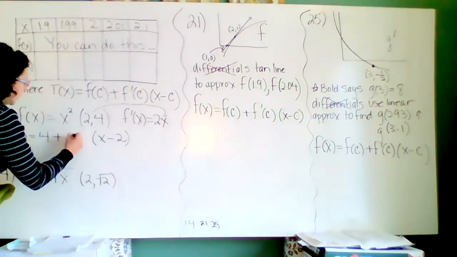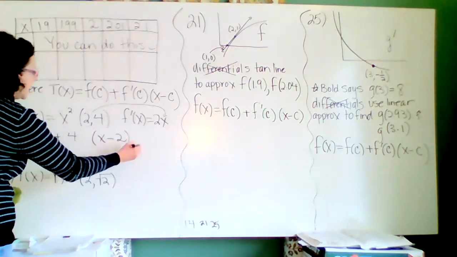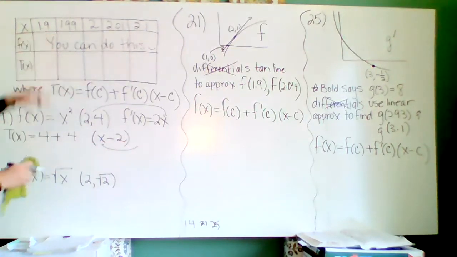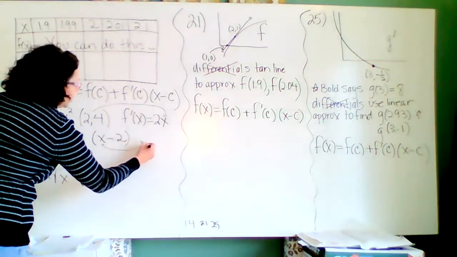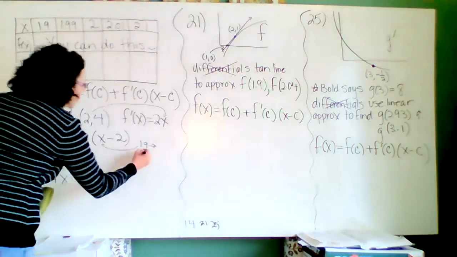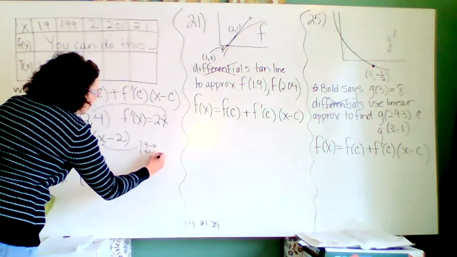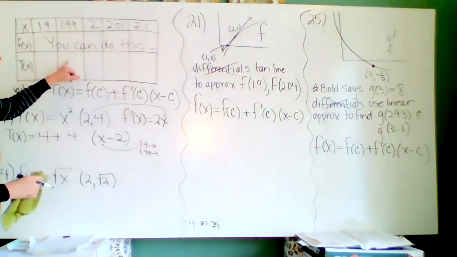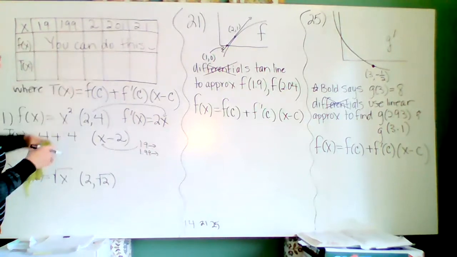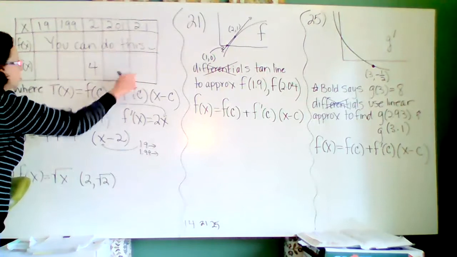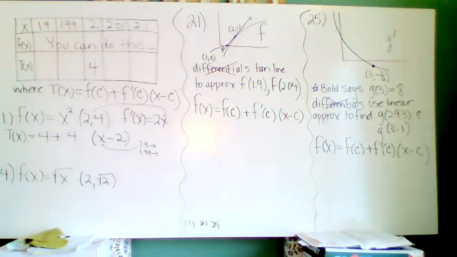Okay, so now all I'm going to do is go across the row here. I'm going to put in an x of 1.9 and output an answer and put it here. I'm going to put in a 1.99 into my tangent line and output the answer and put it here. Of course, when I put in a 2, I get a 4, right? And all the way across for 2.01 and 2.1.